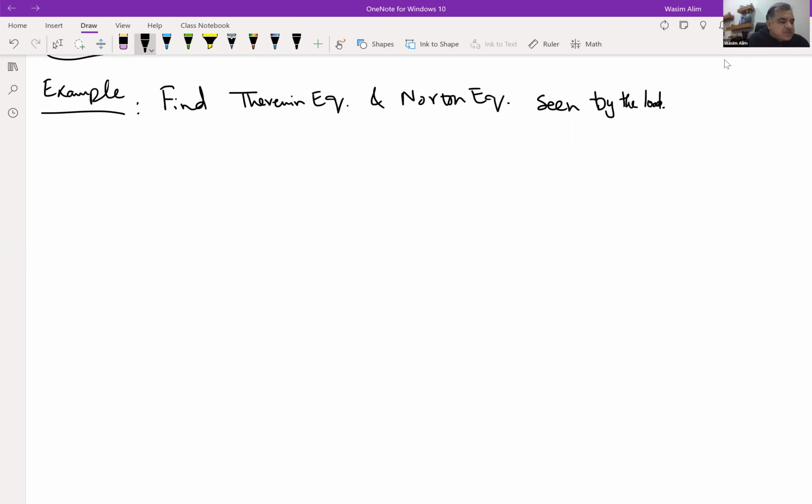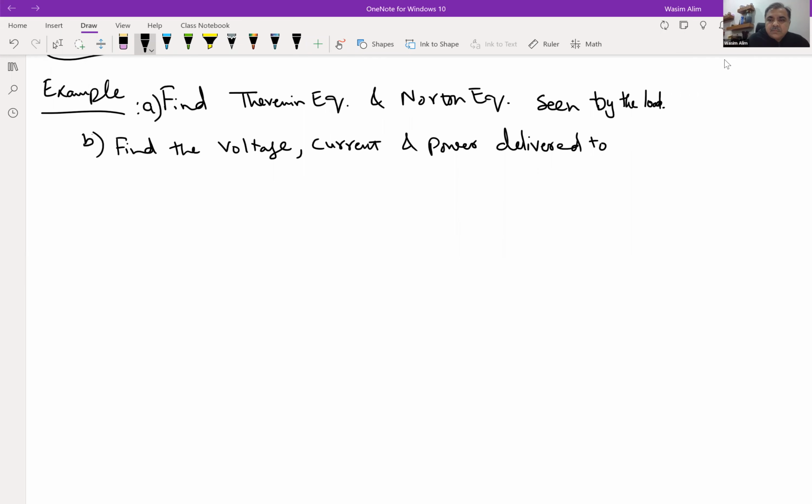So there's some load resistance there. And this is the first part of the question. The second part is saying, so this time we have a value for that load, which is 50 ohms, right? So let's write this circuit here.